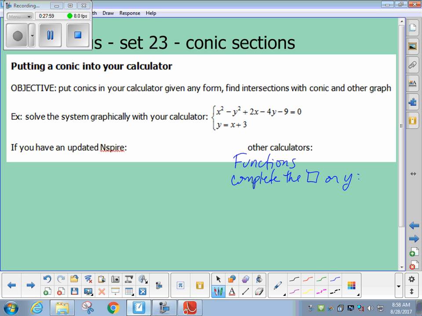If I complete the square on y, I would move all y's to one side, preferably so that they're positive. So I would have something like y squared plus 4y on the right side, and x squared plus 2x minus 9 on the left. Do you see what I did there?